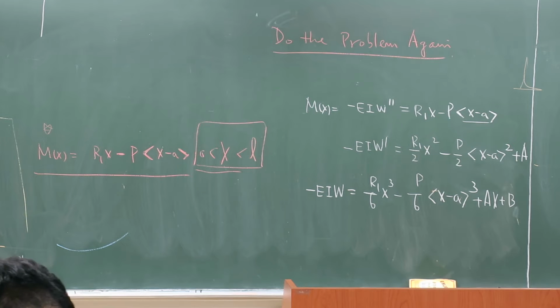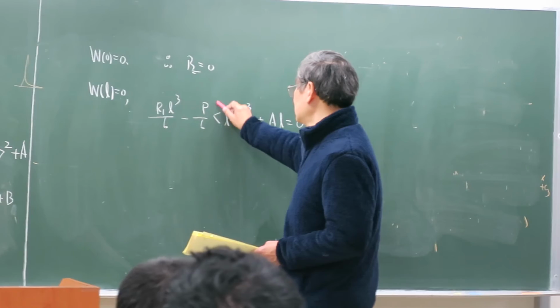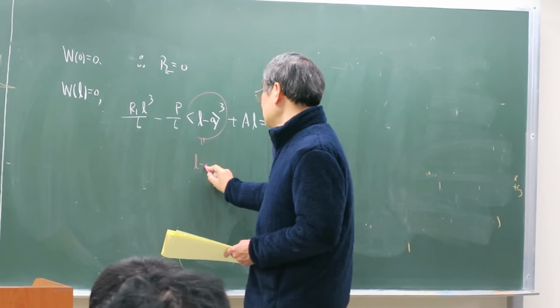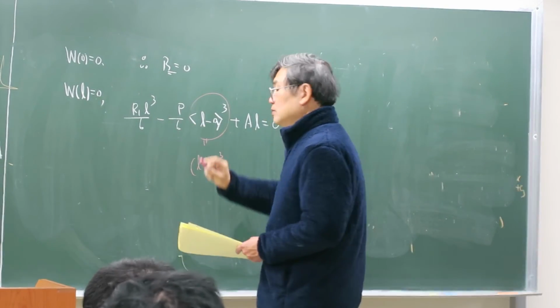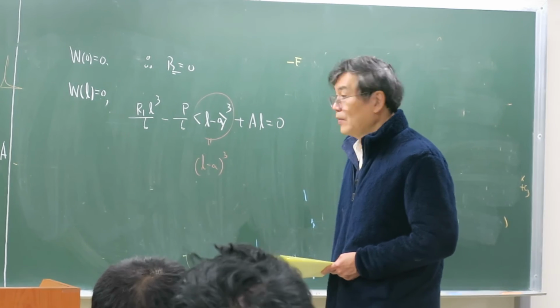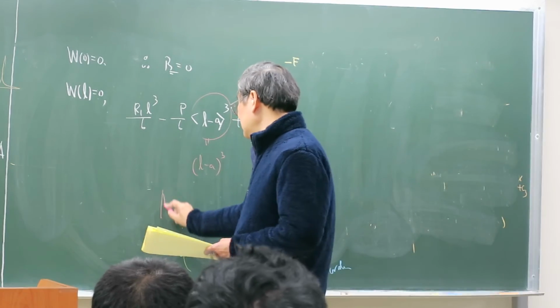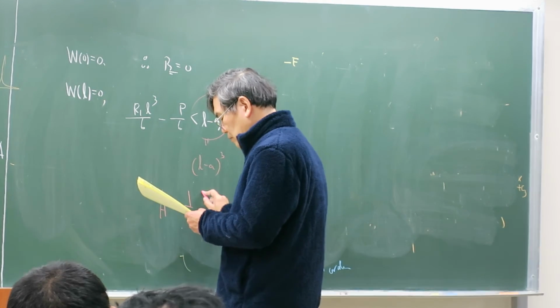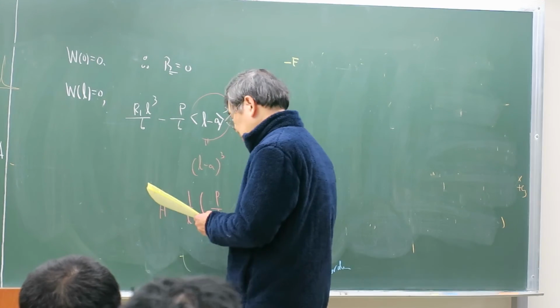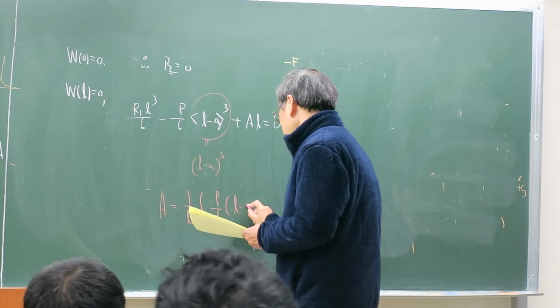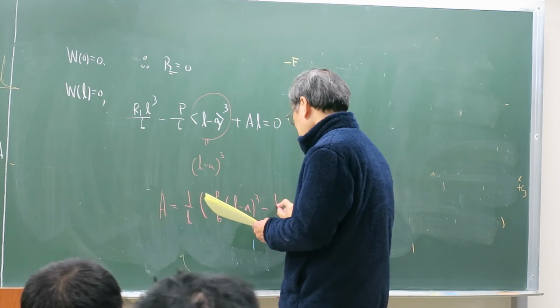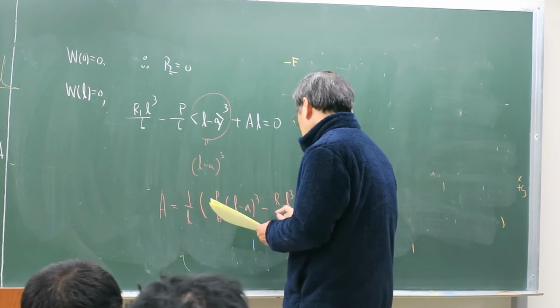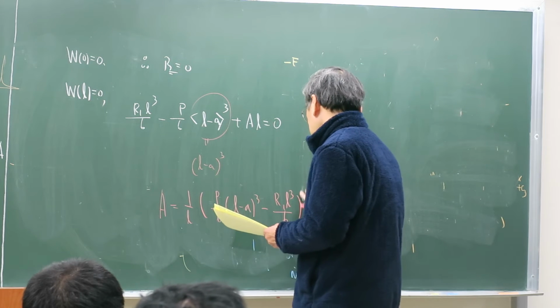And because L is larger than a, so this will equal to L minus a cubic. Then A equal to 1 over L, P over 6 L minus a cubic minus R1 L cubic over 6.